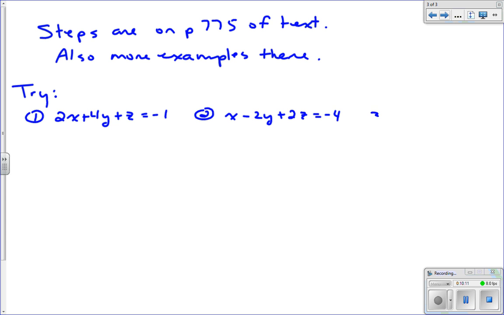And the third equation is -3x plus 5y minus 2z equals -7. So try that system using the steps that you see in the textbook, following the example that we just did, and see if you can solve that and bring your solution to class.